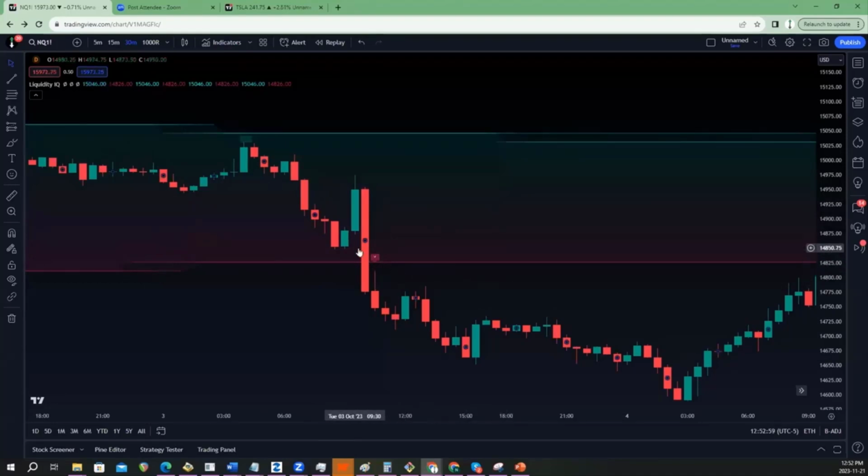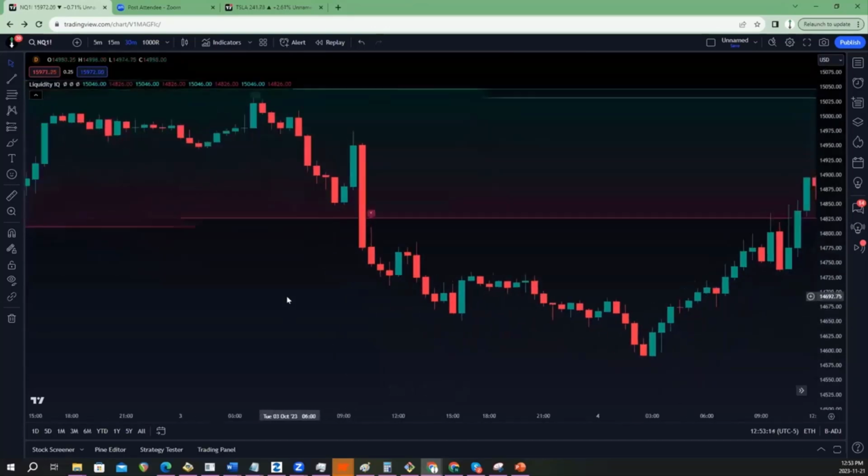So not only did it have no trouble breaking through that zone, it's long gone now. The zone is in the rear view mirror because price is going past it quickly.